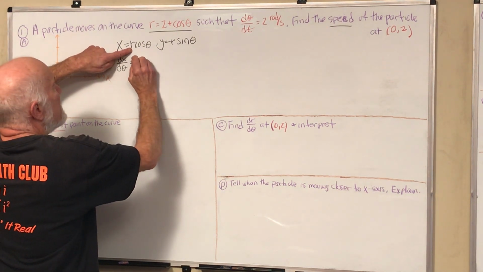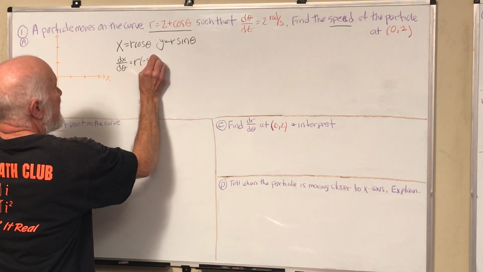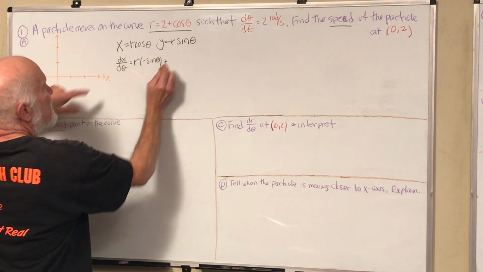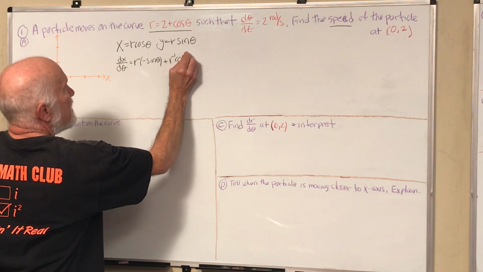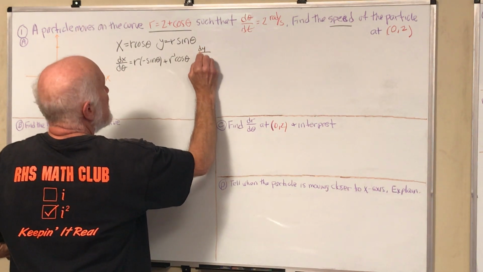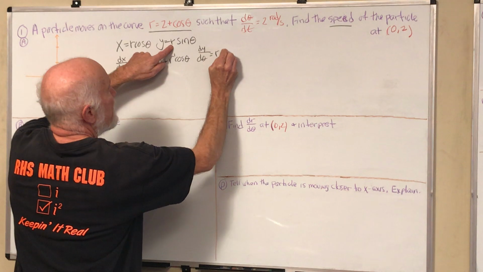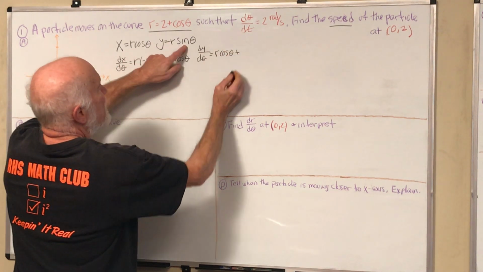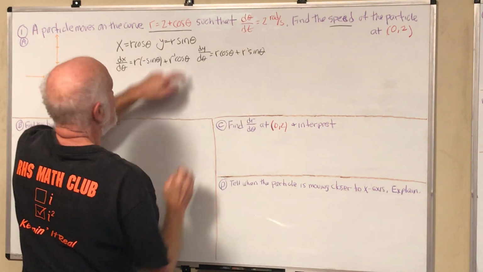So we go the first function times the derivative of the second plus the second function times the derivative of the first. And dy/d theta, same way. The first times the derivative of the second plus the second times the derivative of the first.